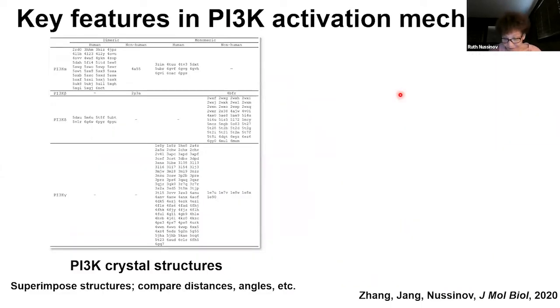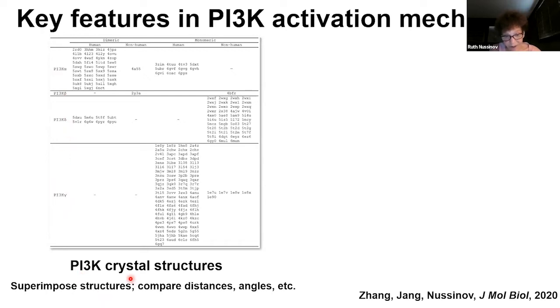To try and substantiate our result, we go, inevitably, to the PDB and we collect all the crystal structures of the isoforms of the PI3K: PI3K alpha, PI3K beta, PI3K gamma, and PI3K delta.